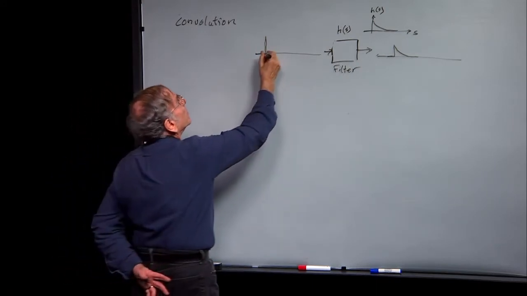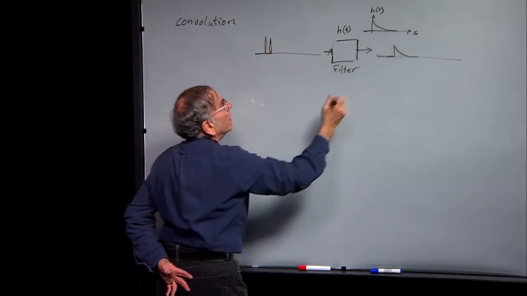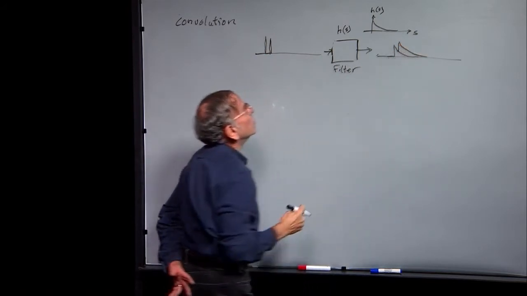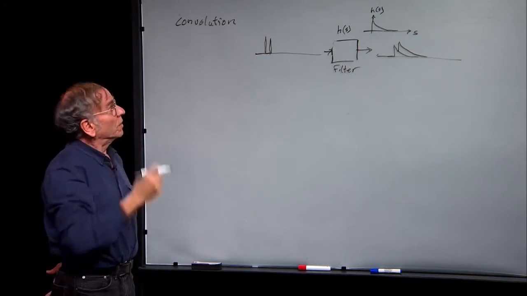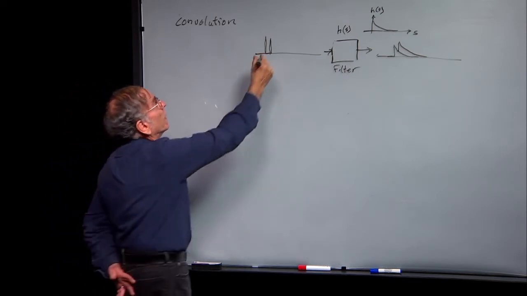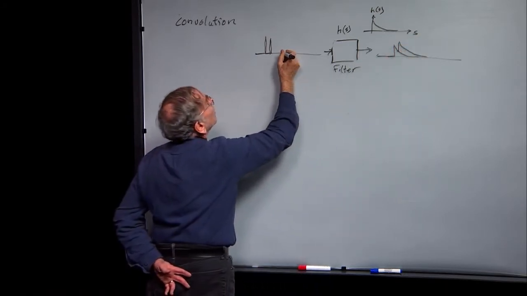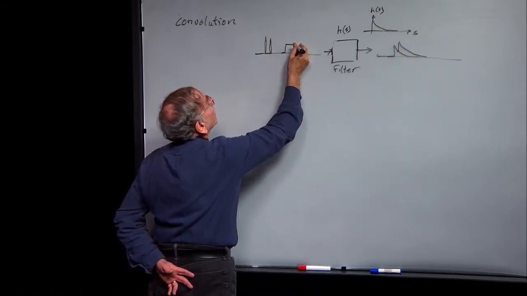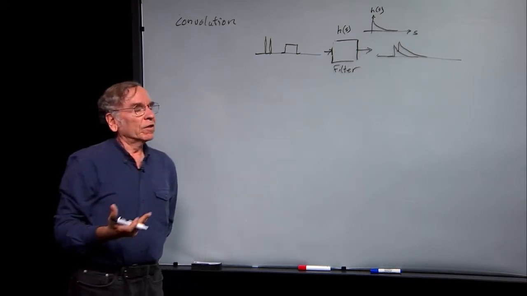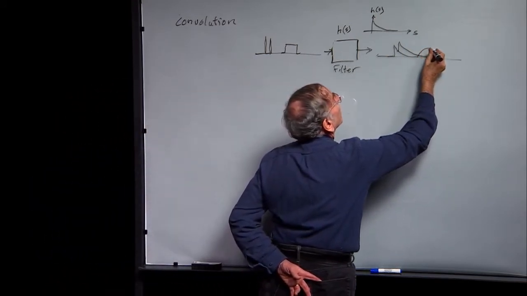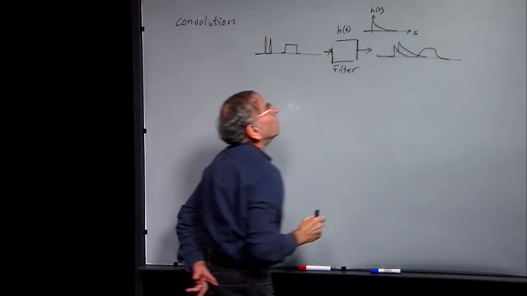If the input is two delta functions, then the output looks like two superimposed copies of h of s. And so if we have a whole series of delta functions, you can see how this would build up. But another way of doing that is to say, okay, let's put in a rectangular pulse. And what will happen over here is that we will get a smoothed off rectangular pulse.